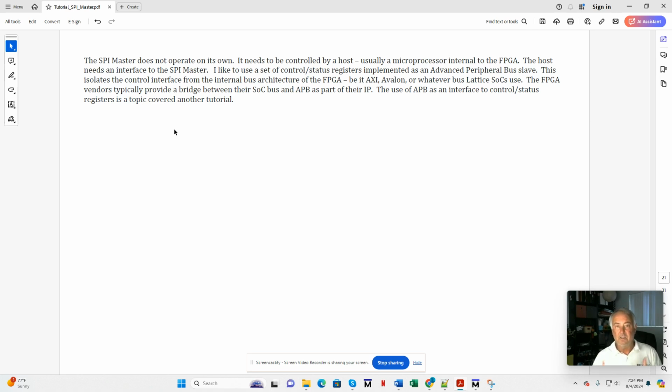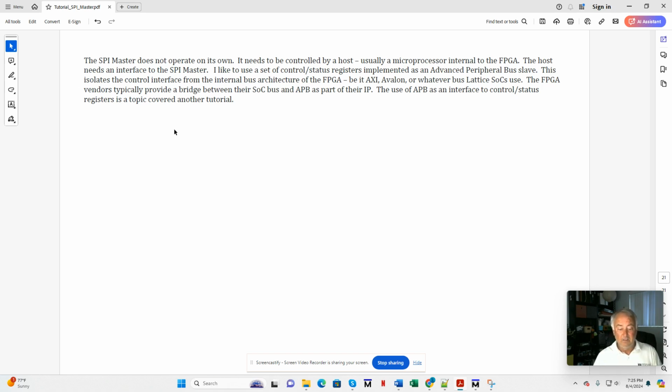What I like to use is a set of control status registers that are an advanced peripheral bus slave. And that isolates my design, my logic from the SoC internal bus architecture of the FPGA vendor, where Xilinx AMD likes to use AXI, where Altera Intel uses Avalon Bus, and Lattice Semi uses I don't know what, because I haven't worked with Lattice in a while.